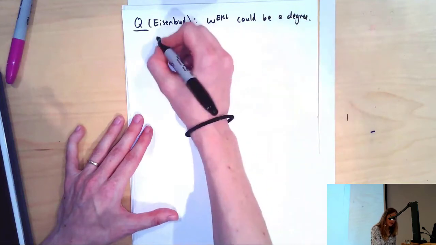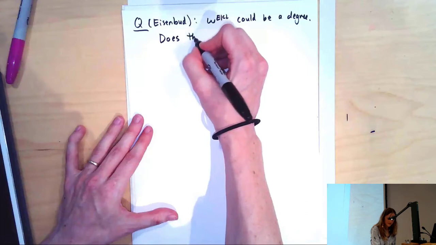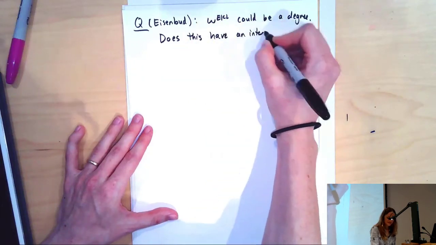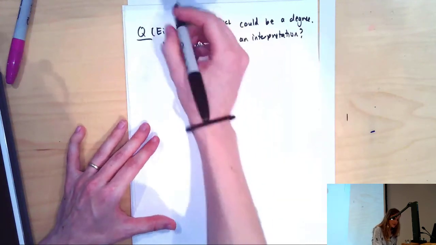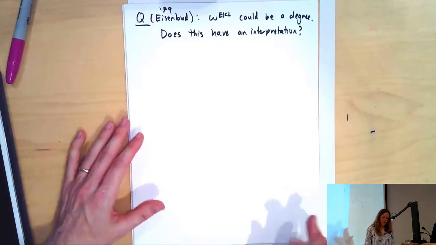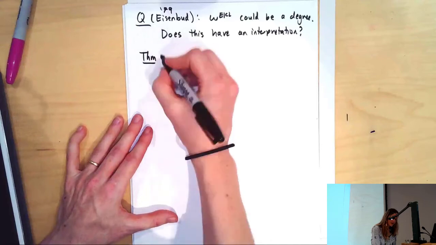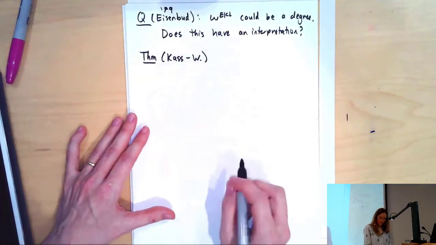Does this have an interpretation in algebraic topology? And this is around 1979, which is before A1 homotopy theory. But the answer is yes, it does. It's the local degree in A1 homotopy theory.